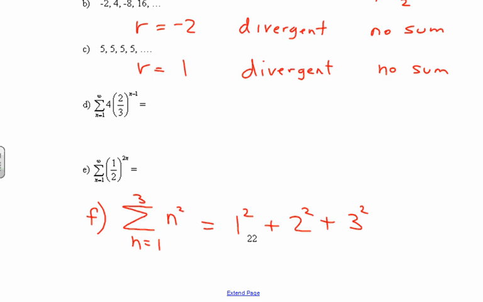So sigma tells us where to start and where to stop. Maybe when you were a younger kid, you played Simon Says. Well, this is Sigma Says. Sigma says start at 1 and end at 3. It's instructions, people. It tells us exactly where to start and where to stop. So this is a finite sum.